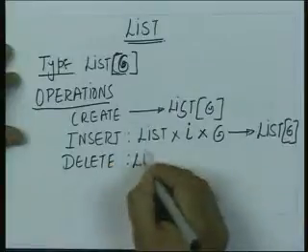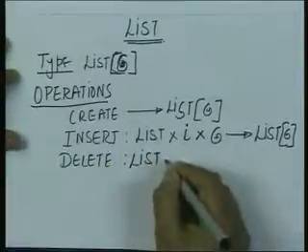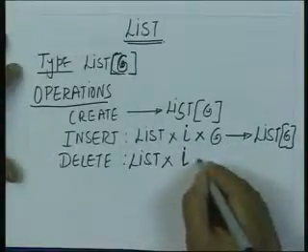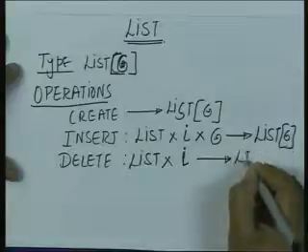Similarly, we can have a delete, and delete will take a list as an argument and an index as to which item you want to delete, and this returns a new list.